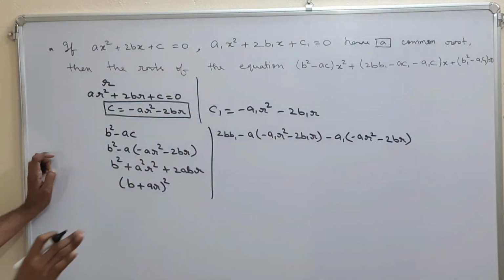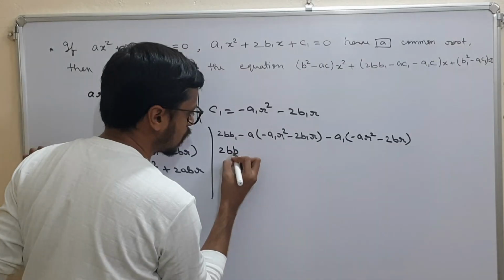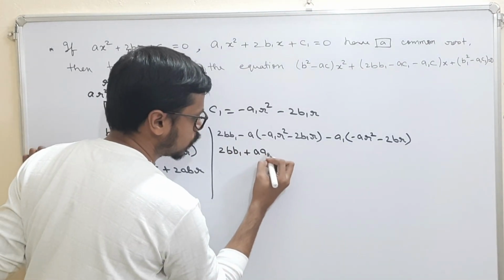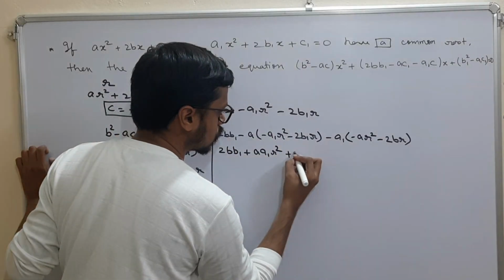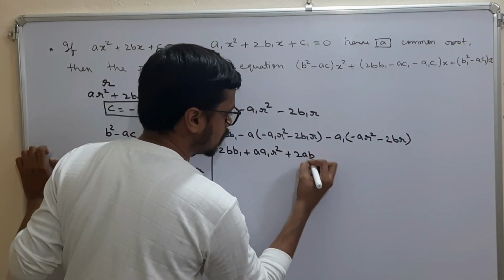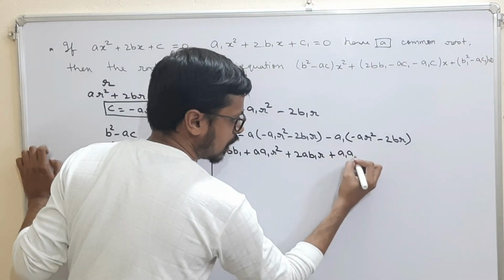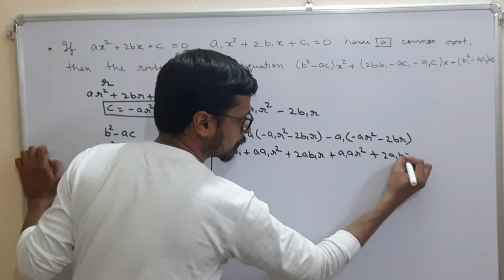Okay, so all the values we have written as it is. Now we are going to solve this part. If we solve this one, it will come plus a a1 r square, then plus 2ab1r, plus a1 a r square, plus 2a1br.